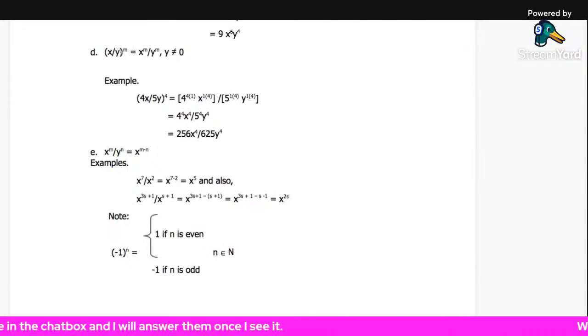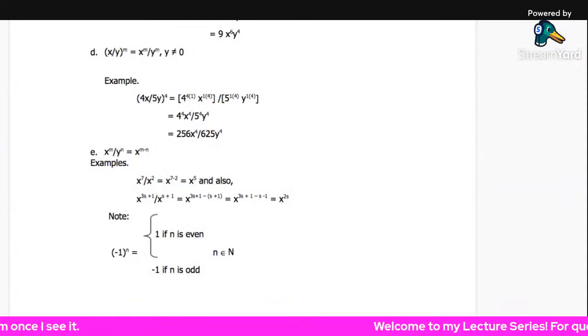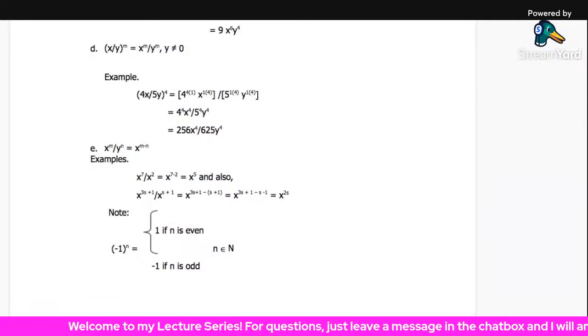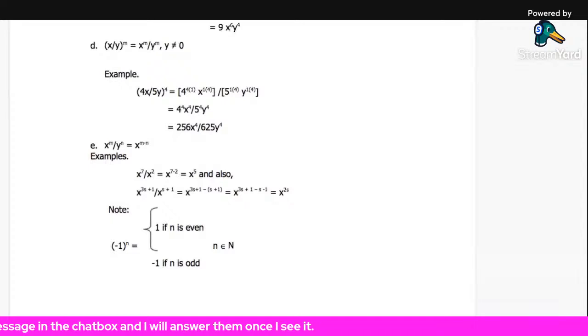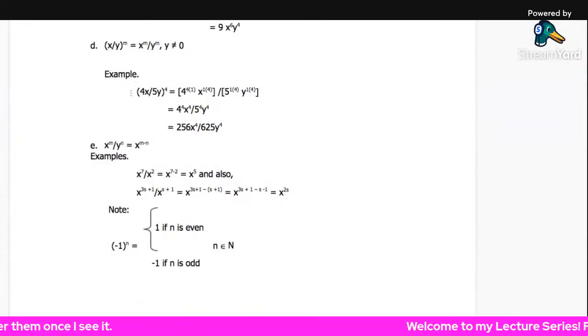Of course, that is assuming that y is not equal to 0. Okay, so we have here an example, the quantity 4x over 5y raised to 4.